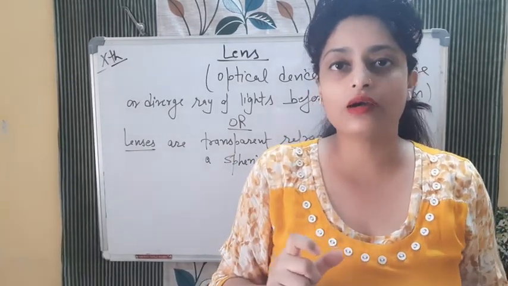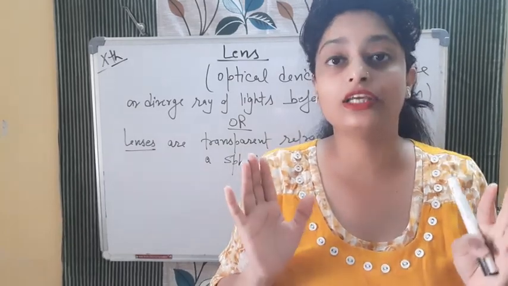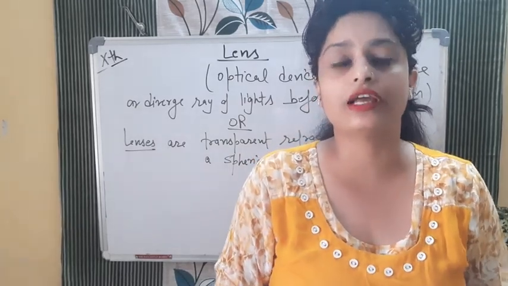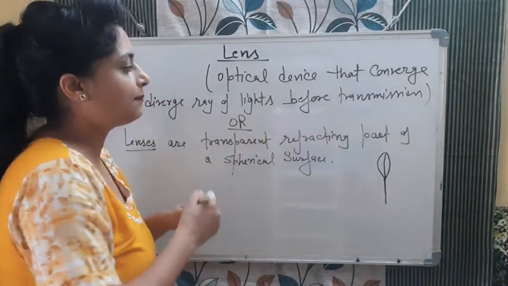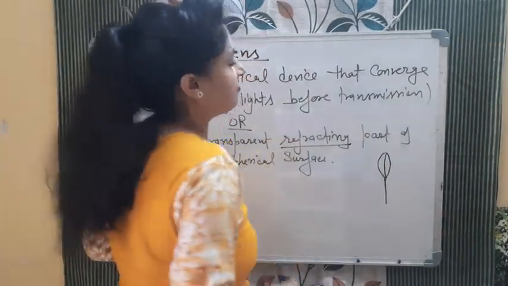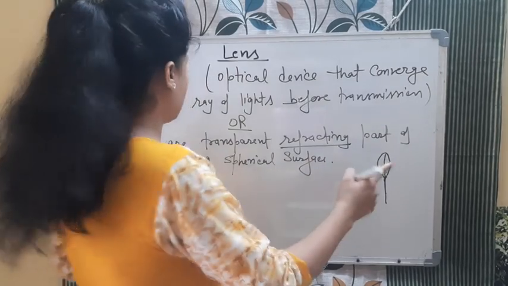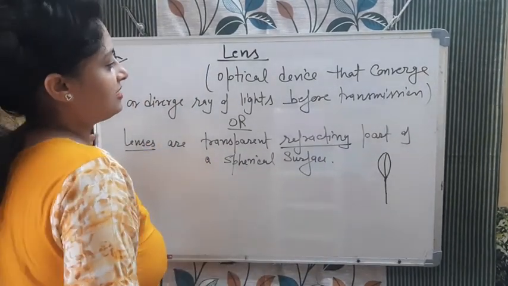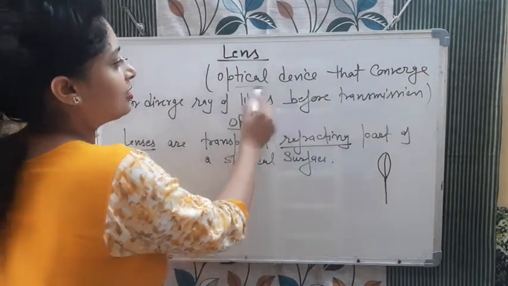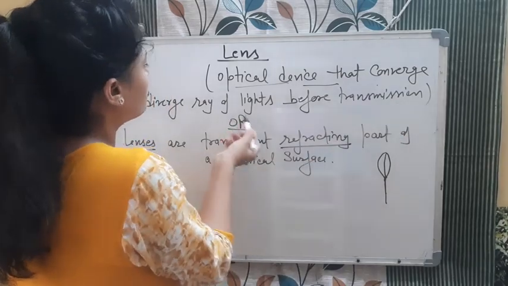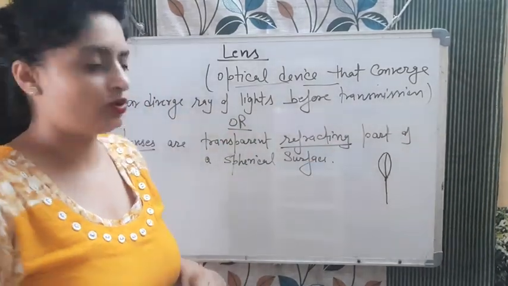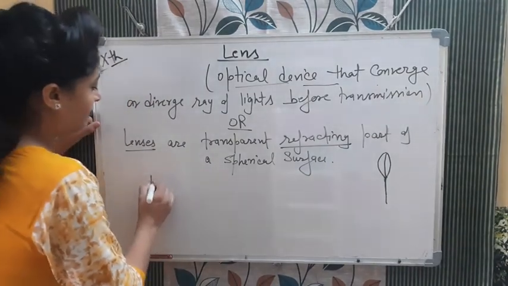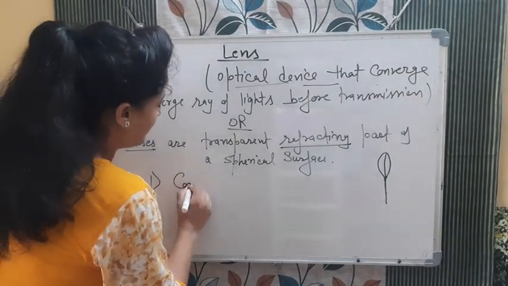So what I am talking about is the simple convex lens and the concave lens. They are made up of the transparent refracting part. You have to remember this: this is not reflecting, this is the refracting part of a spherical surface. Or you can say these are the optical devices that converge or diverge the ray of light before transmission. Again, there are two types of lens, very famous and you all know: convex and concave.